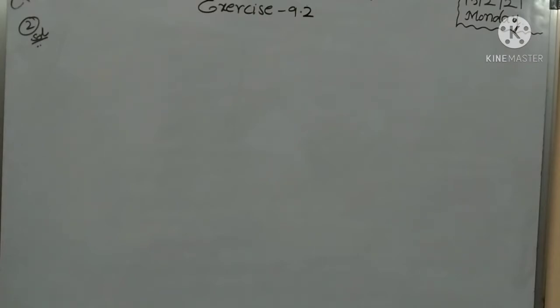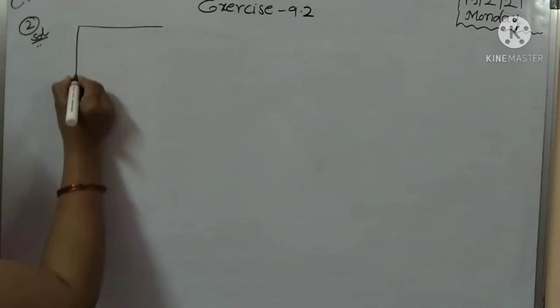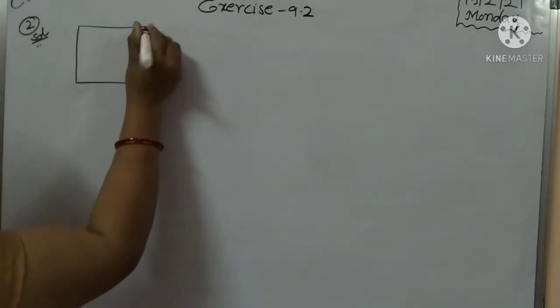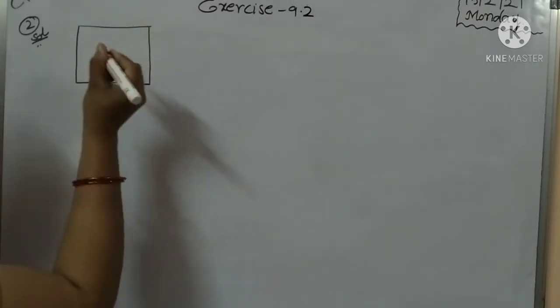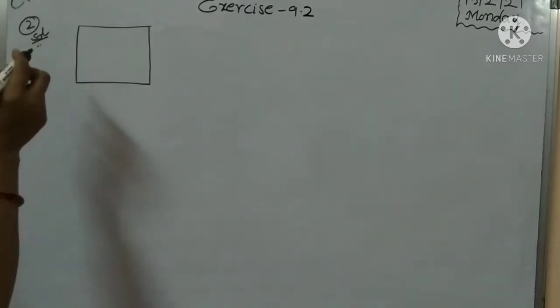Next, second problem. Find the area of a circle inscribed in a square of side 28 centimeters. So it is an inscribed circle.